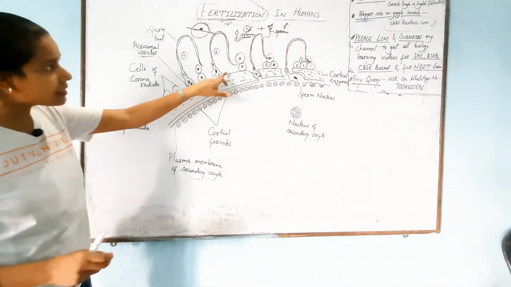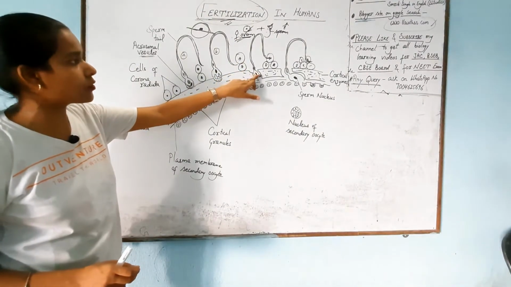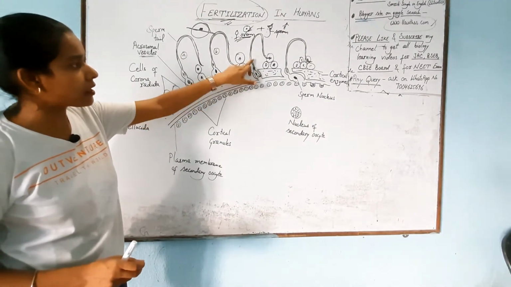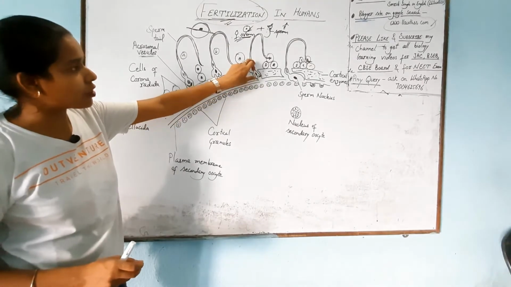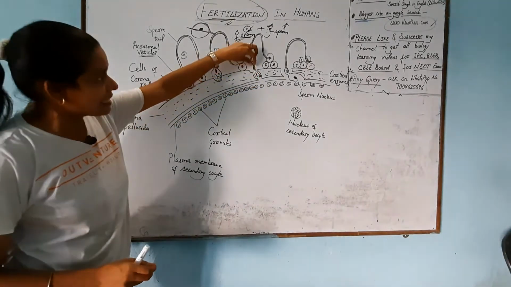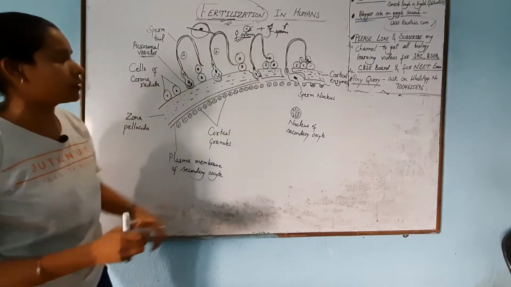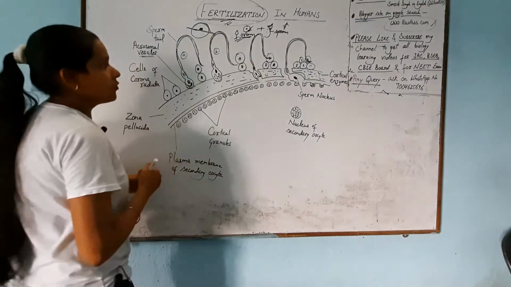After some time the acrosomal fluid penetrates and breaks all the layers, the zona pellucida and plasma membrane, and the sperm goes inside the wall of the ovum.